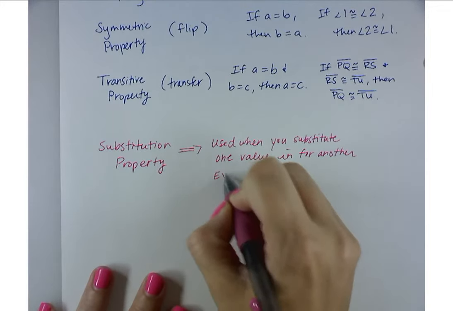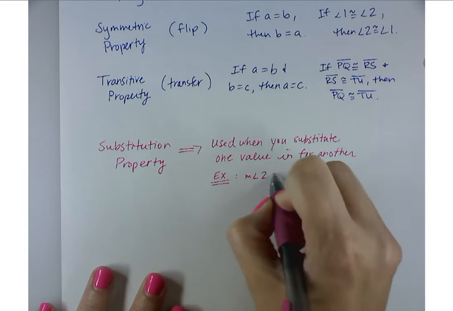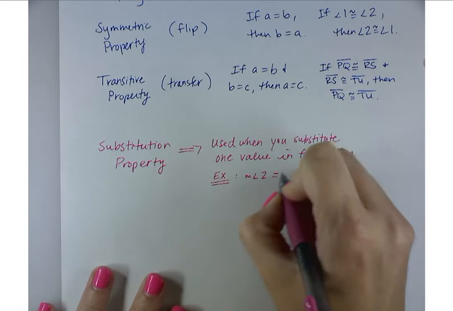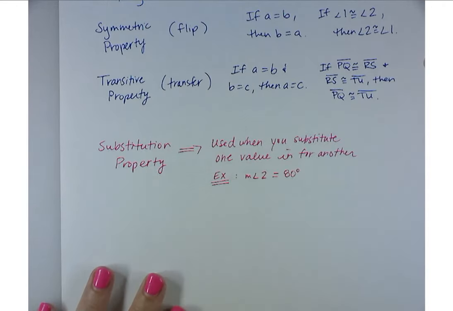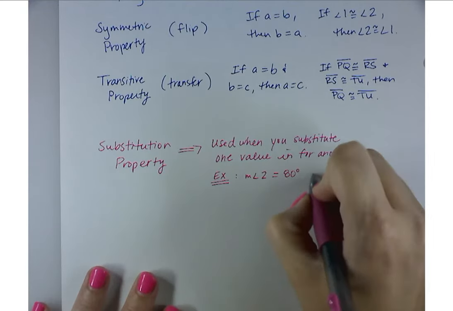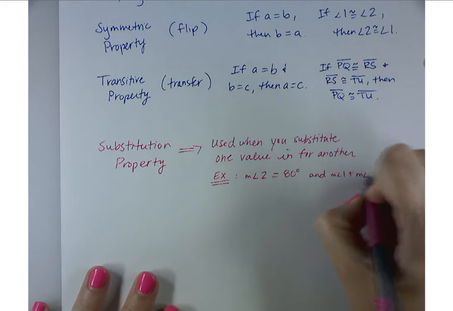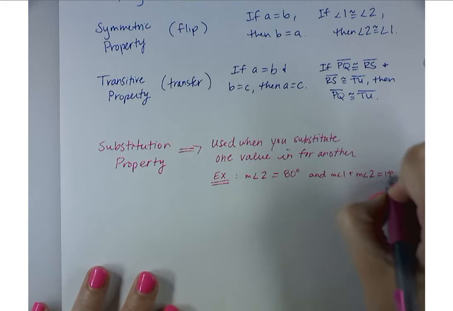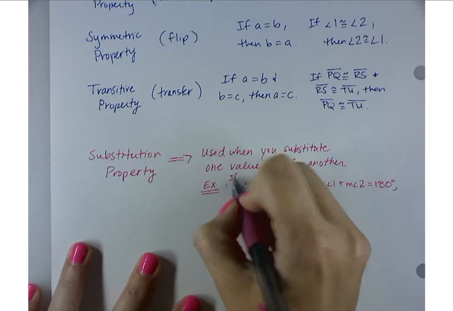So an example would be if you know the measure of angle 2 equals 80 degrees, and the measure of angle 1 plus the measure of angle 2 equals 180 degrees.